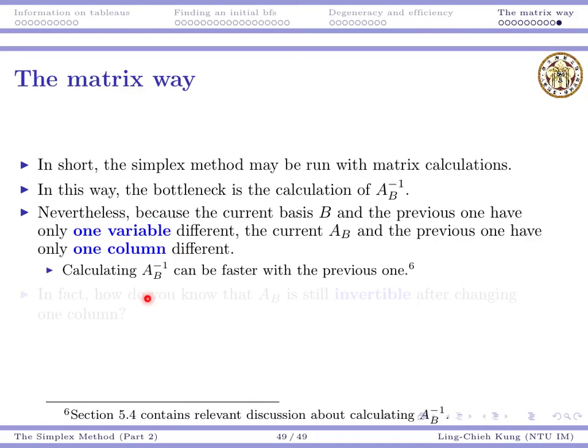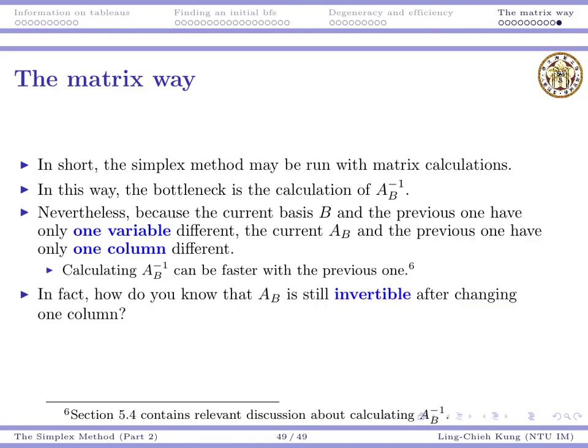That's the key idea here. So when you implement the simplex method with matrices, you do so to save time in calculating AB inverse, and that can eventually make the matrix implementation dominate the Tableau implementation. That's the key idea.